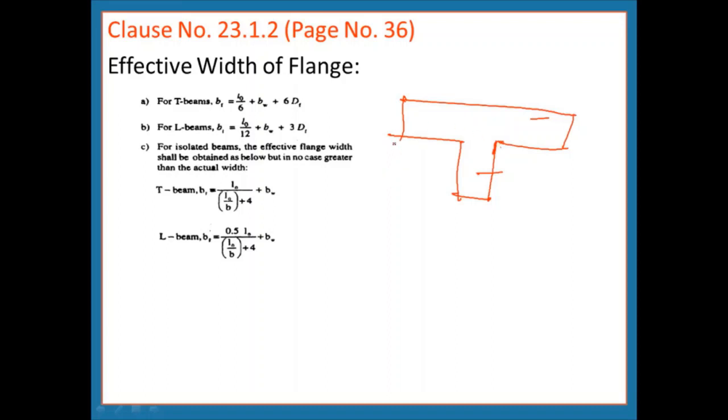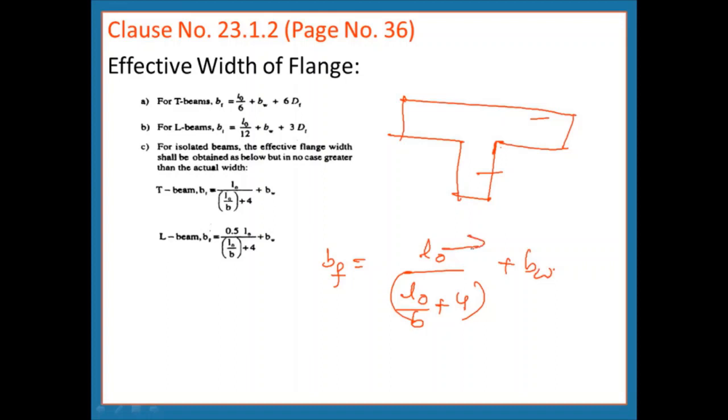There won't be any adjacent beam or adjacent slab. In that condition, the effective width for a T beam is BF equals L0 by (L0/B + 4) plus BW.